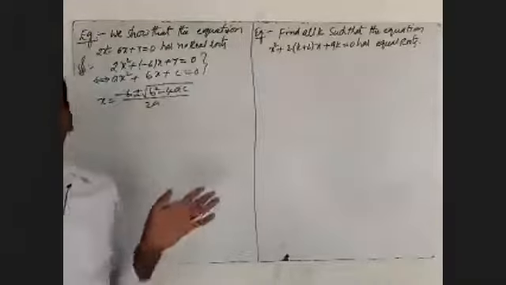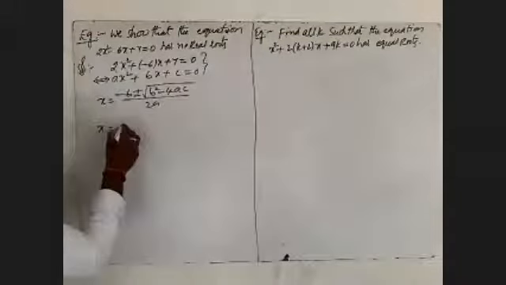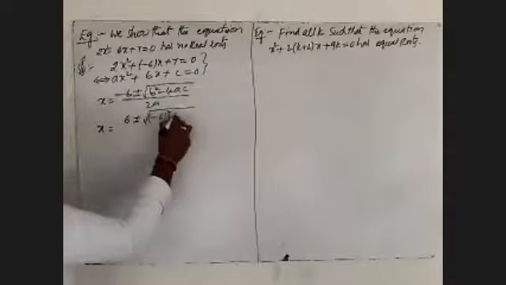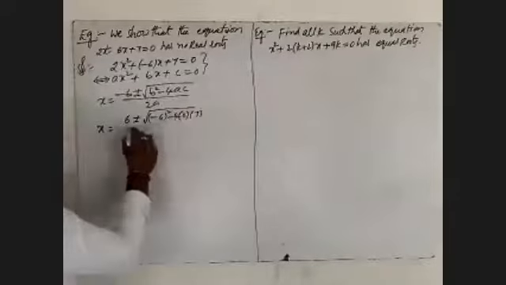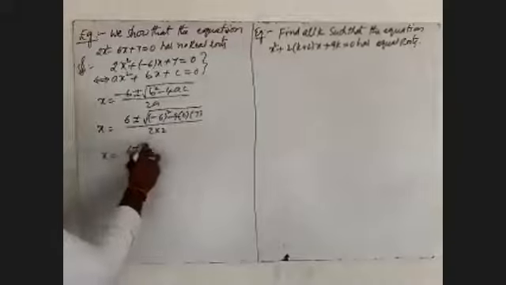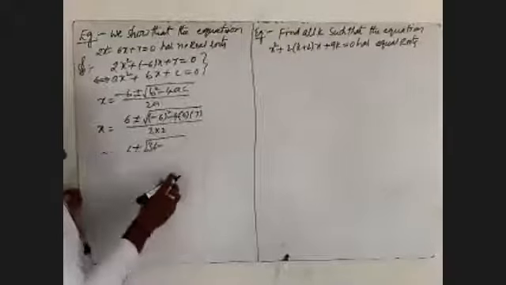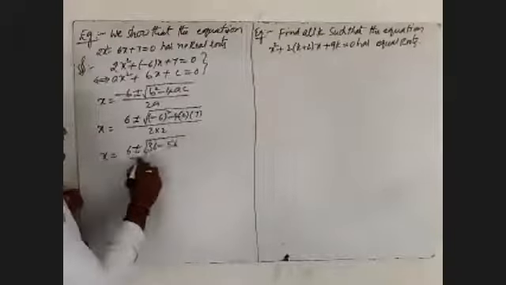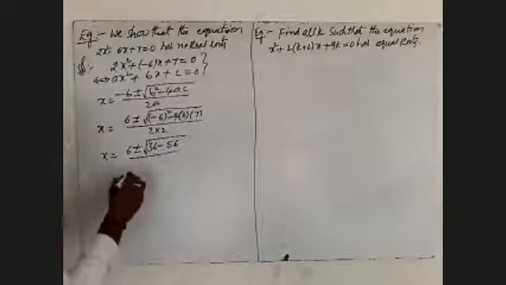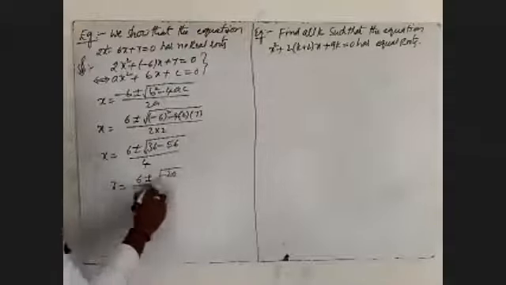No real roots means the given one has imaginary roots. We will prove that. x equal to minus of minus 6, which is 6, plus or minus root of (minus 6) whole square minus 4 into 2 into 7, by 2 into 2. That is x is equal to 6 plus or minus root of 36 minus 56, by the denominator 4. So x equal to 6 plus or minus root of minus 20 by 4.